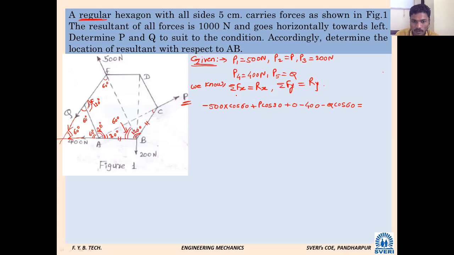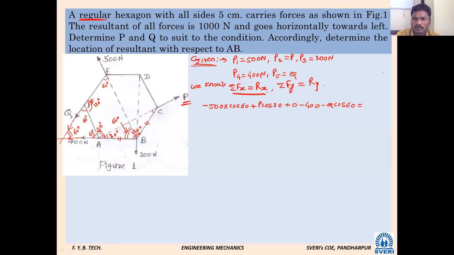See the equation we have given here. Minus 1000. Rx, what is the x component of the resultant? What was given in the description? The resultant of all forces is 1000 Newton and goes horizontally towards left. So minus 1000.